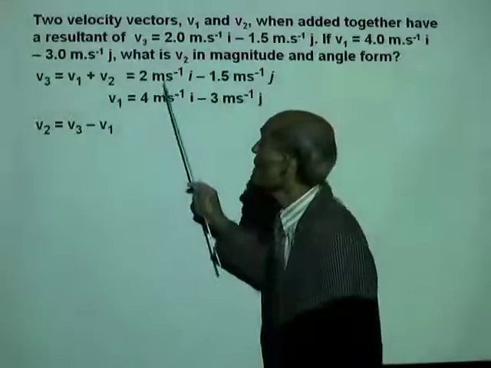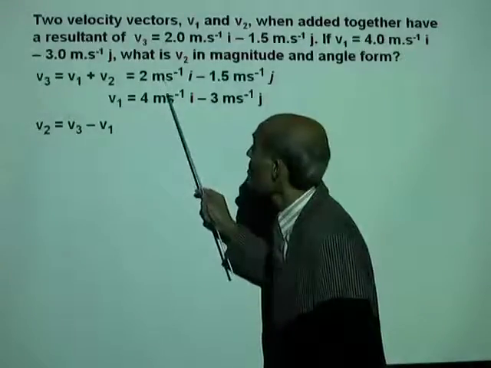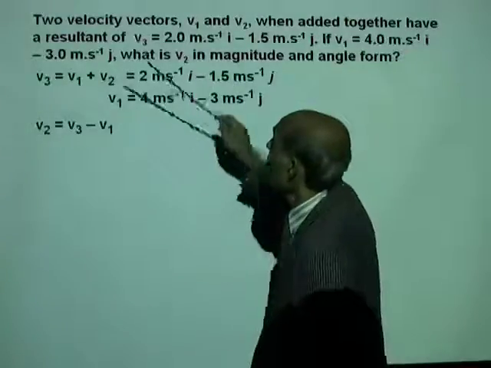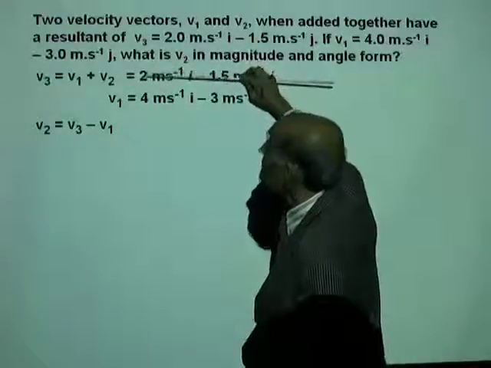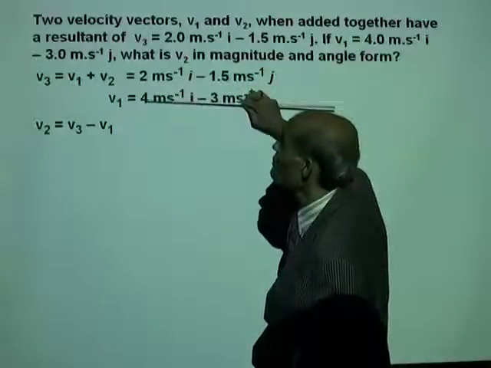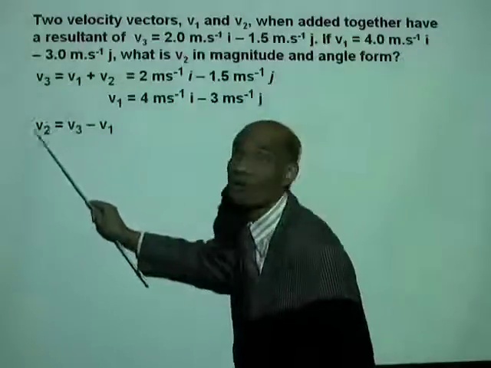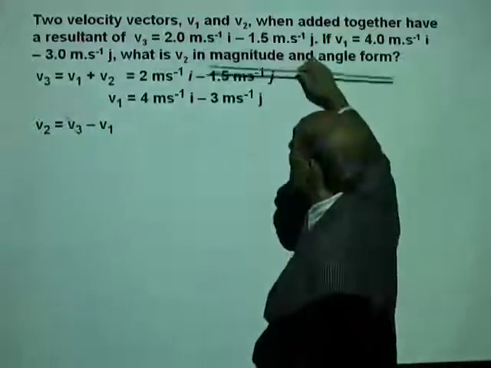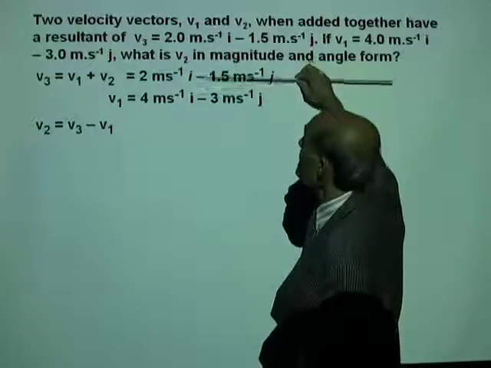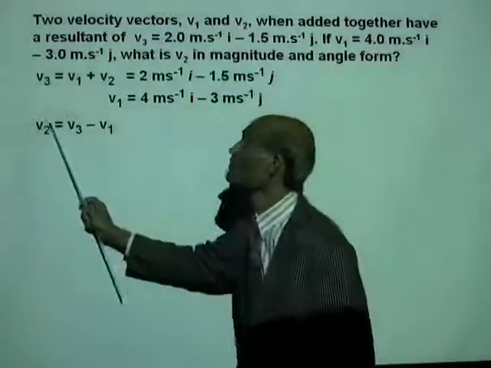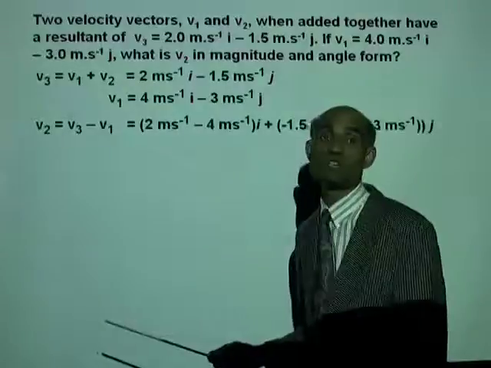So we subtract the i components first and then the j components. The x component of v3 minus the x component of v1 will give you the x component of v2. The y component of v3 minus the y component of v1 will give you the y component of v2.